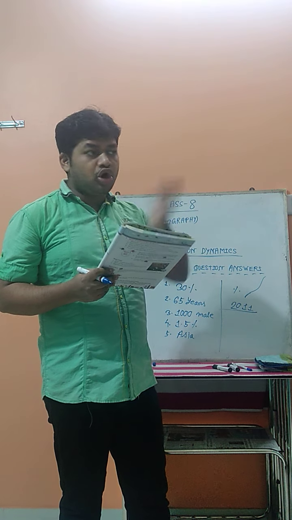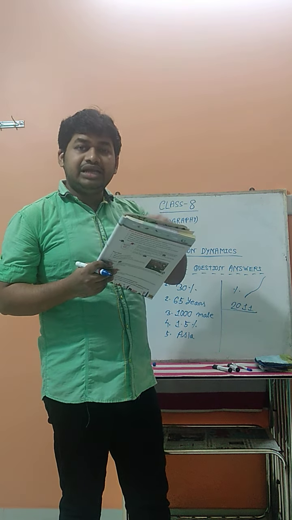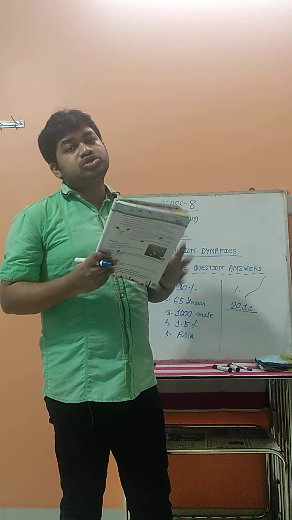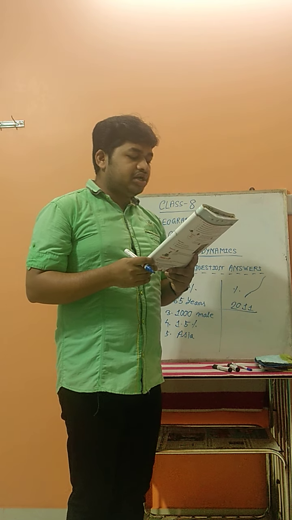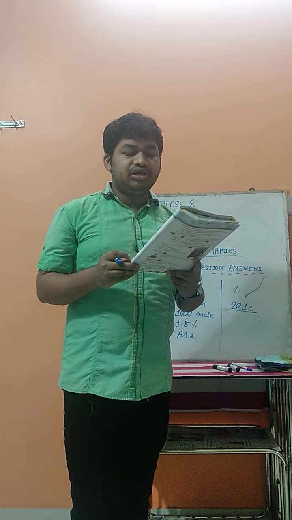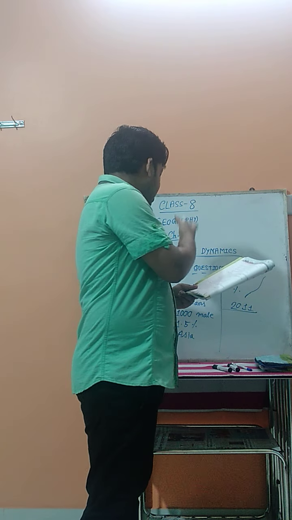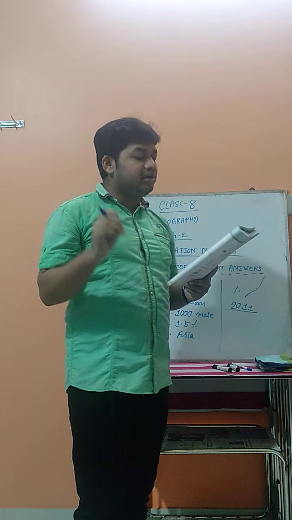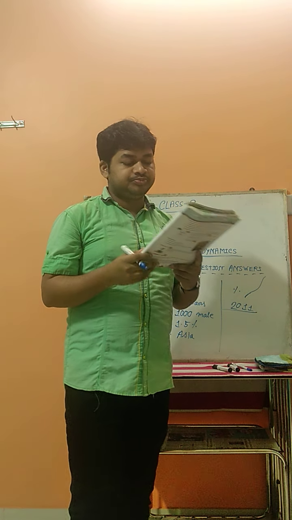Yes, because literacy means not only reading, you have to write also. So reading and writing together is known as literacy. Next, the current growth rate of the world population is 2.5%. No, we already read that the current growth rate of the world is 1.5%. It's not 2.5, so it is false.